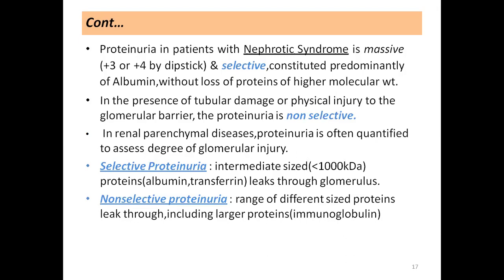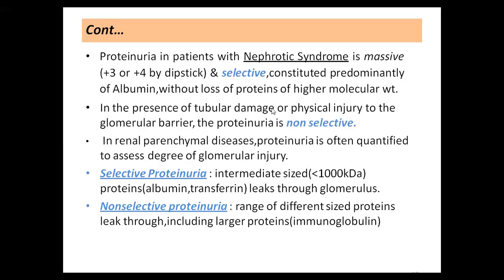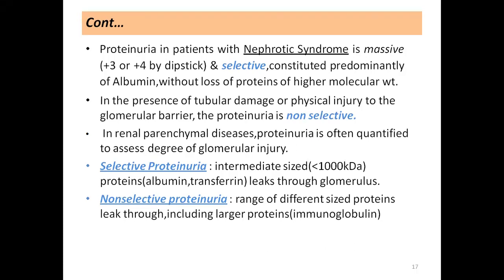In renal parenchymal disease, proteinuria is often quantified to assess degree of glomerular injury. In selective proteinuria, small size protein, less than 1000 kilodalton, albumin and transferrin, leaks through the glomerulus, whereas in non-selective proteinuria, different size proteins leak through, including large proteins like immunoglobulin.